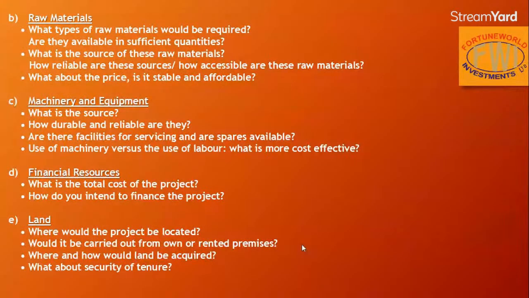What happens is when you leave out certain things, you are going to undercost the project, and the project will still have challenges. So for instance, you have costed machinery, you have costed the raw materials, you have costed the rent, but you have left out the labor.